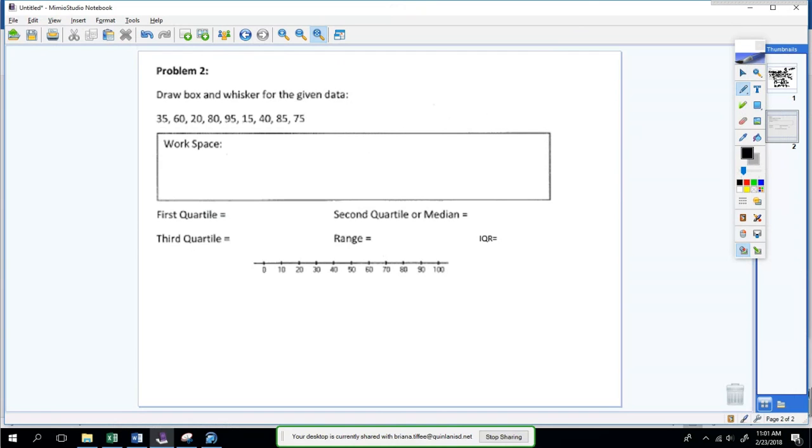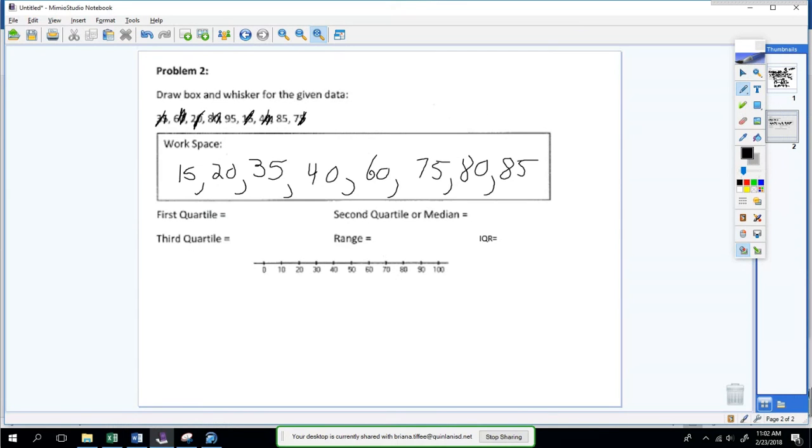The first thing you always do is list it from least to greatest. So my least number is 15, then 20, 35, 40, 60, 75, 80, 85, and then 90.